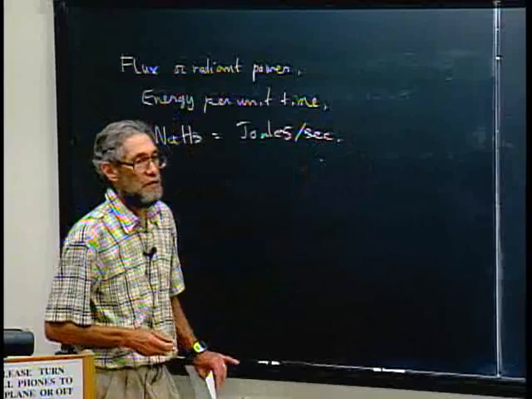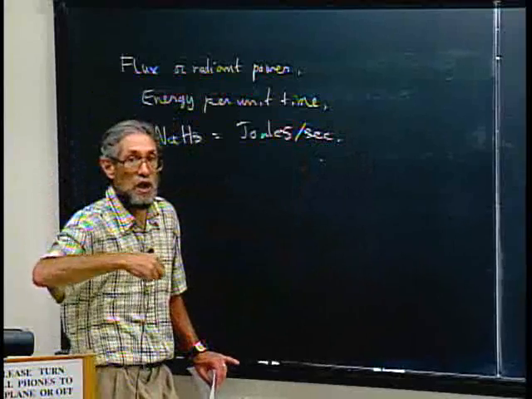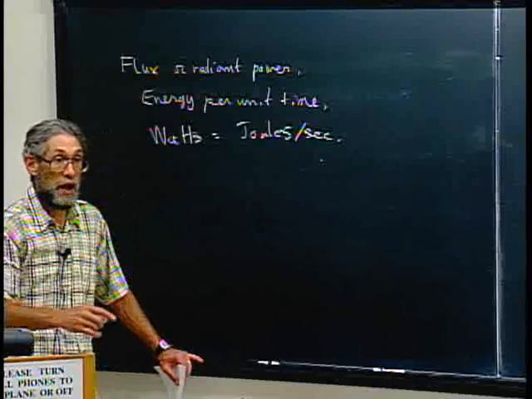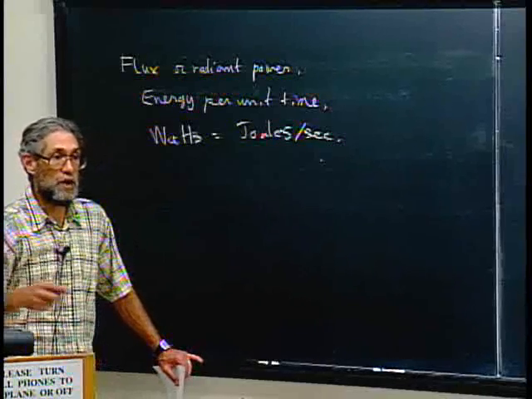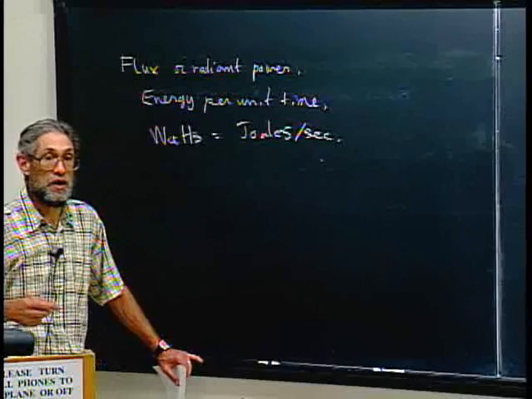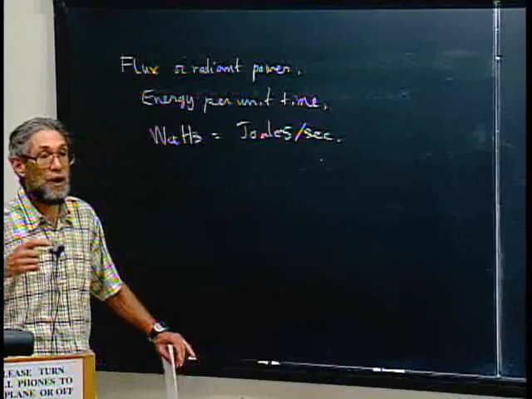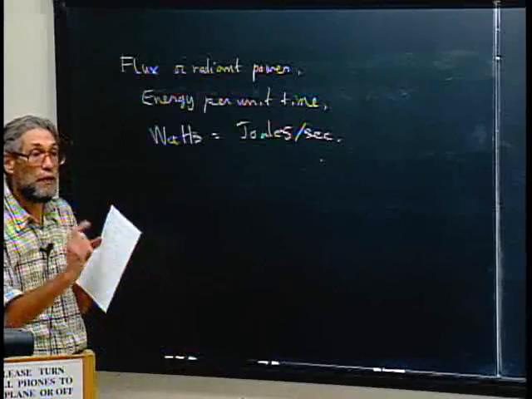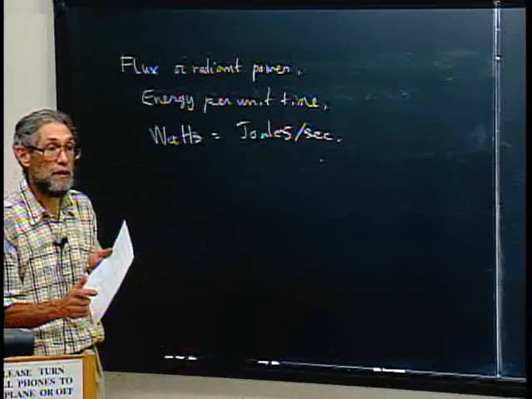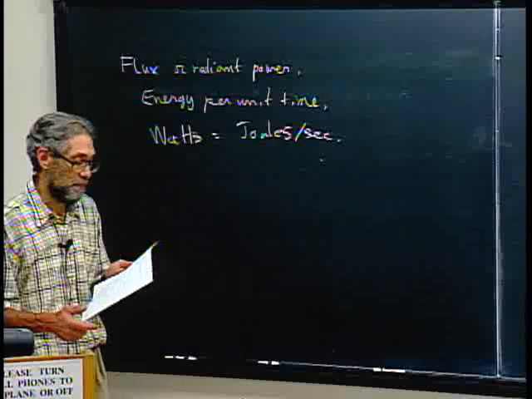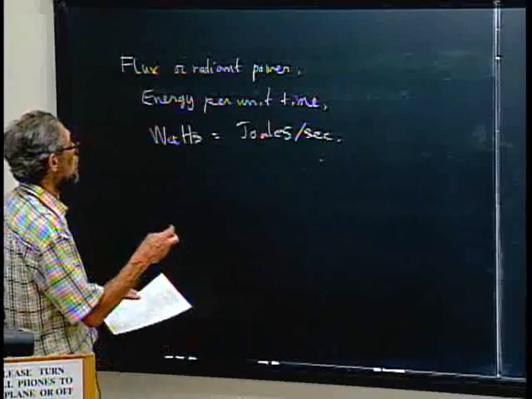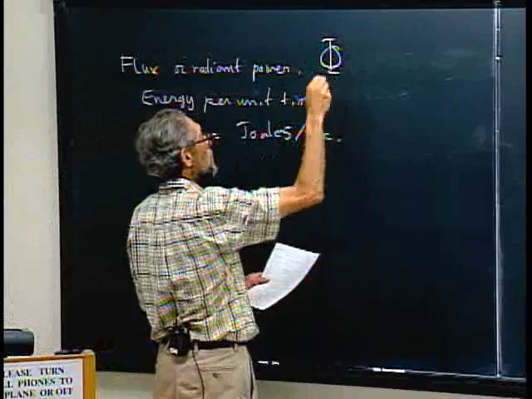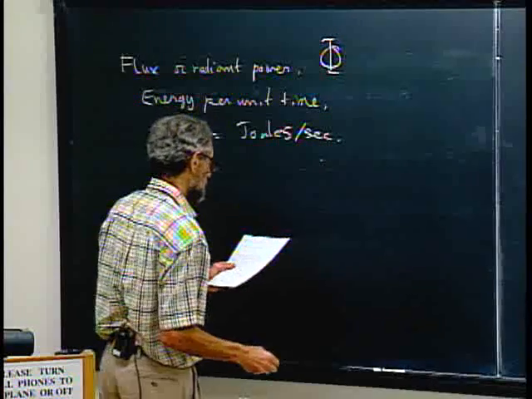And the idea is the energy we're talking about is the energy of photons flowing as light energy. Every individual photon has its own energy, and you have a collection of photons that are crossing some place per unit time. Then it becomes power. And the notation we use is capital Phi for flux.